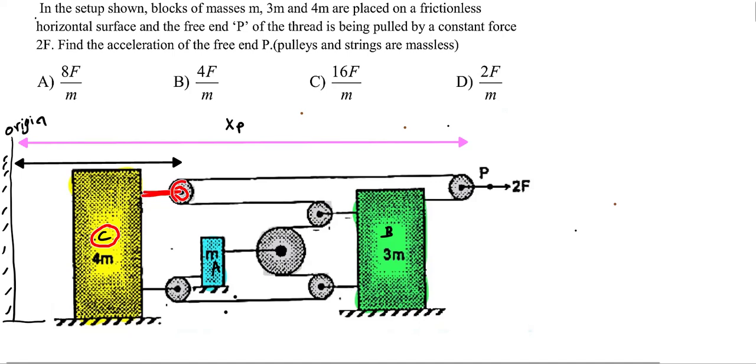So the displacement of these two pulleys and block C will be the same as they're connected by an inextensible string. Therefore we'll define this as xc. You can write xc till here or till this pulley; it will be the same.